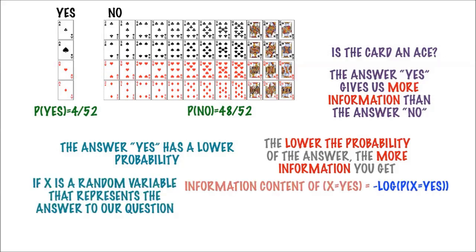So if X is a random variable that represents the answer to our question, the information content of X equals yes is minus log P of X. This is the mathematical formula, and it is a function whose value will be higher if the probability is lower.